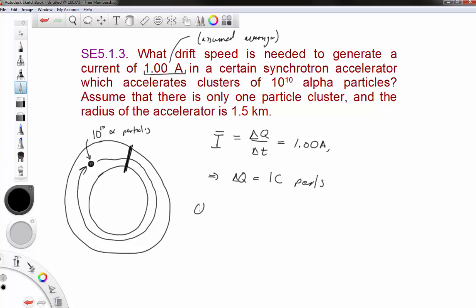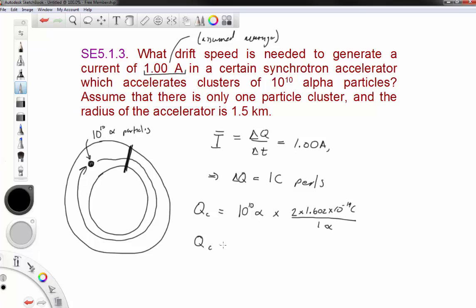Well, Q for the cluster is equal to 10 to the 10 alphas times, basically, what an alpha particle is, a helium nucleus stripped of all its electrons. So it's basically 2 protons and 2 neutrons. So this is basically 2 times 1.602 times 10 to the minus 19 coulombs per alpha.